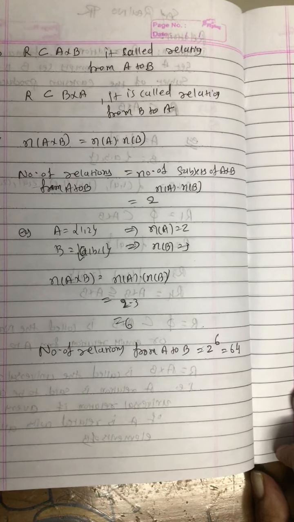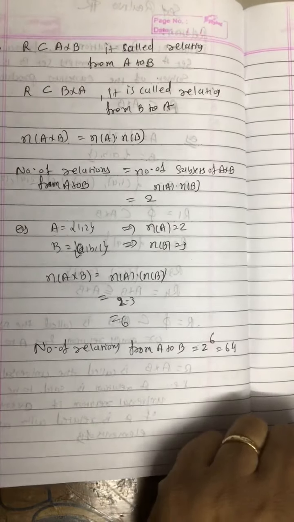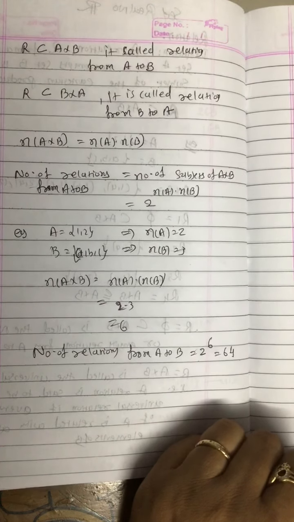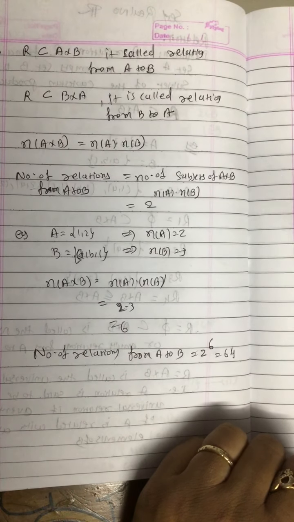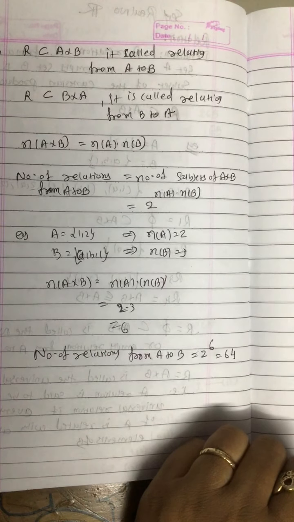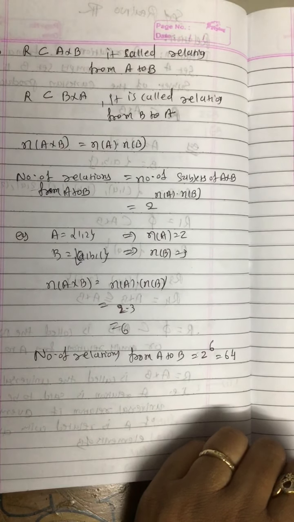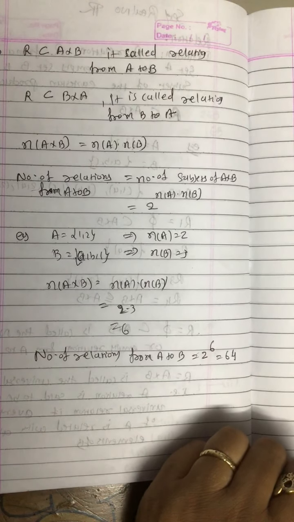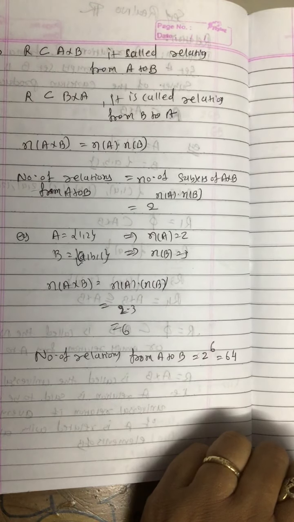Now a few more definitions we have to see. I hope this is clear, how much we have studied. A relation is a subset of A cross B, which is called a relation from set A to set B. If it is a subset of B cross A, then it is a relation from B to A, which are both different things. Now the empty set is a subset of A cross B, which is called the null relation.